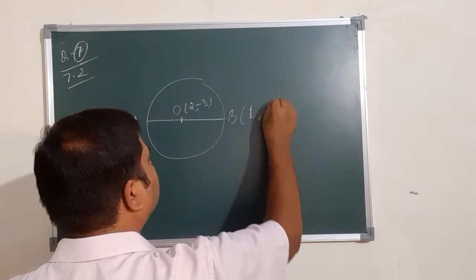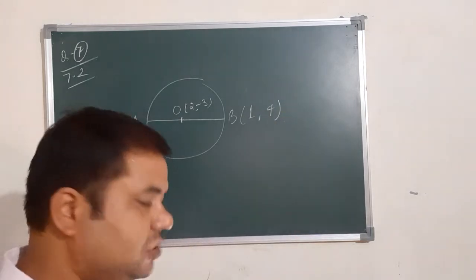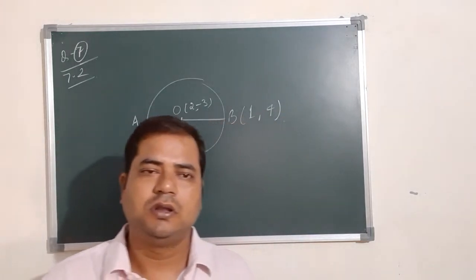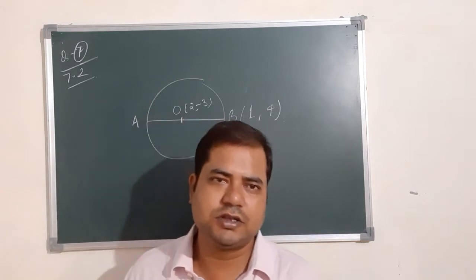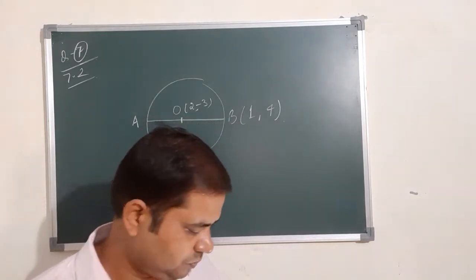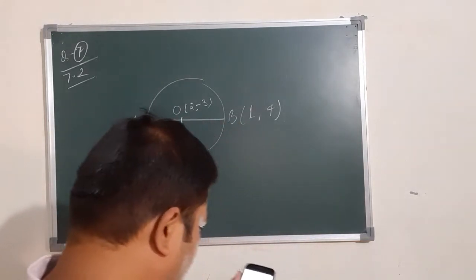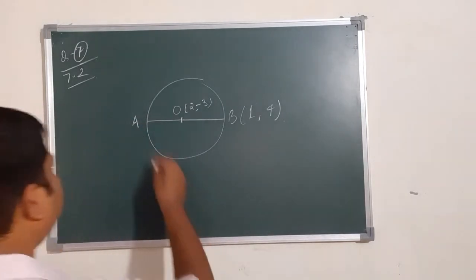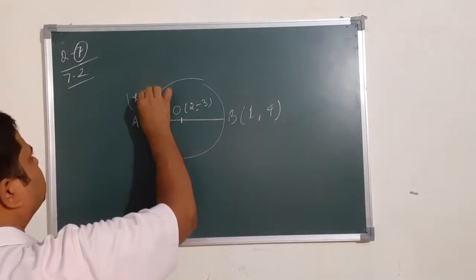What we need to find here is also an application of the section formula, that is the midpoint formula. We have to find the other end A of the diameter, say (x, y).